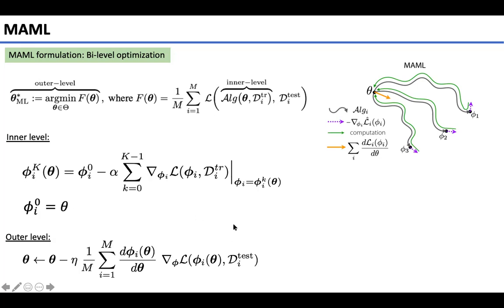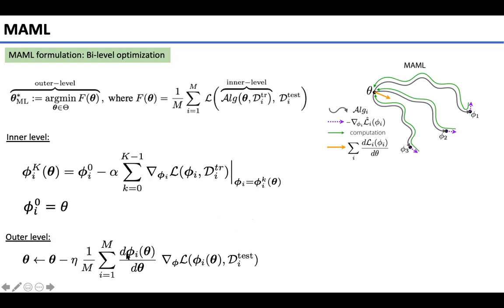So if you want to compute the gradient of the fourth step local model with respect to the meta model, then we need d phi 4 by d phi 3 times d phi 3 by d phi 2, until d phi 1 times d phi 1 with respect to d phi 0, which is the meta model.